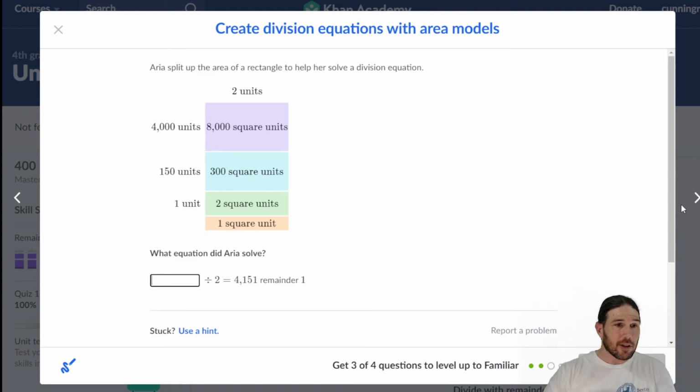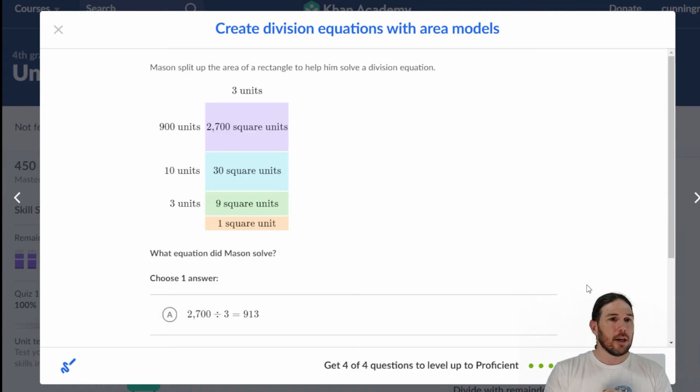So the area looks like it's 8,000 plus 300 plus 2 plus 1, 8,303, divided by 2 is 4,151, remainder 1.